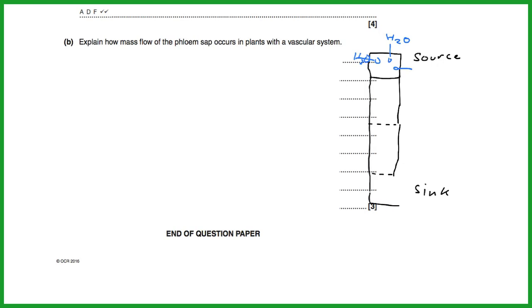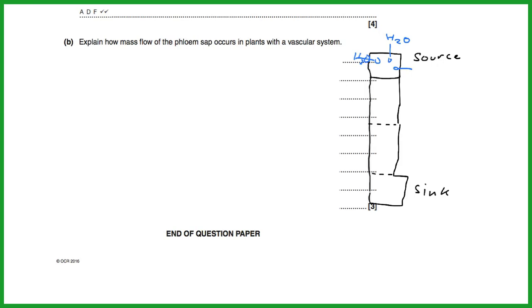Now the idea about a sink is that it's an area of net consumption of sucrose, so the sucrose is either being used for respiration or it's being stored as starch, and starch, remember, is insoluble, so that would raise the water potential. So either through consumption of the sucrose in respiration or storage as starch, the water potential of the cytoplasm at the sink is going to be less negative than it is at the source. And because it's less negative, less water is going to flow in.